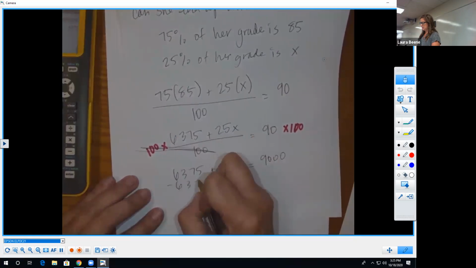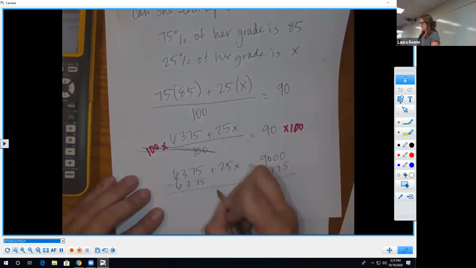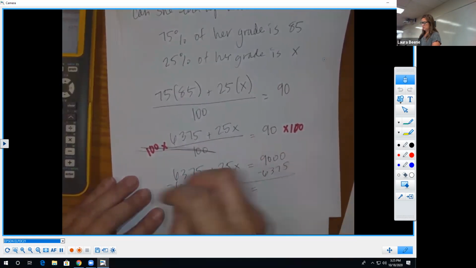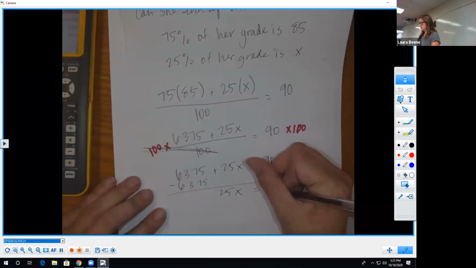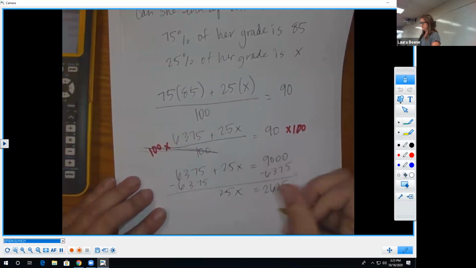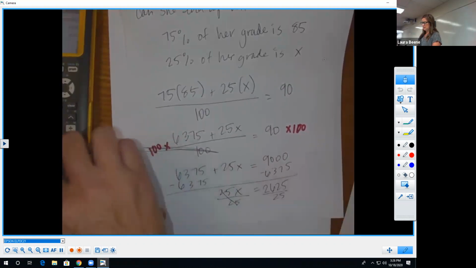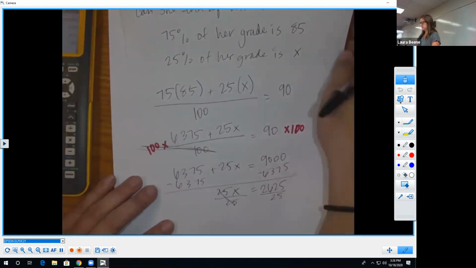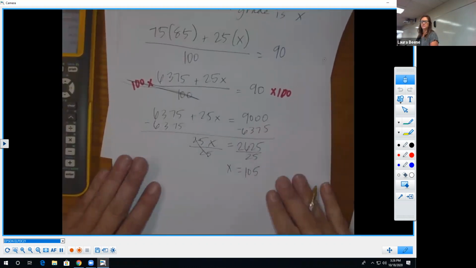I'm going to subtract the 6,375, and I get 25X equals 2,625. And then I'm going to divide that by 25. And I get X equals 105.